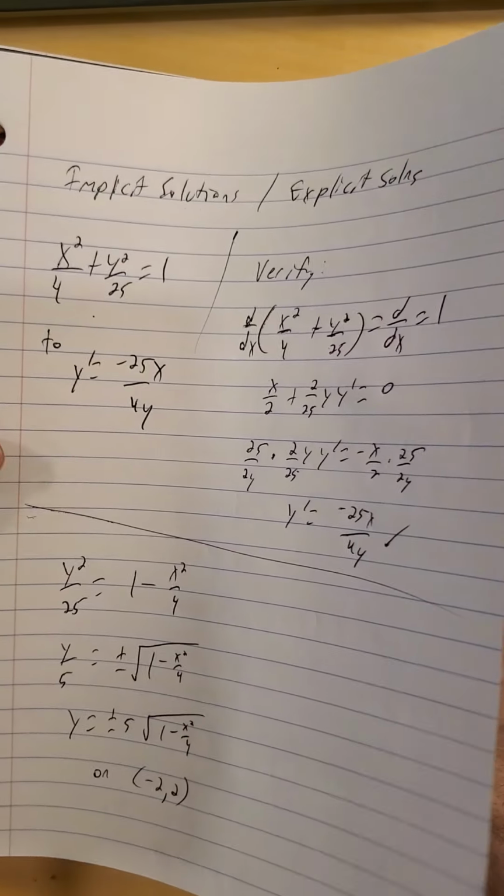All right, so solutions in differential equations, think back to your calculus days, they can be either a family of solutions or a particular solution. It depends on if they give us some initial conditions or not.